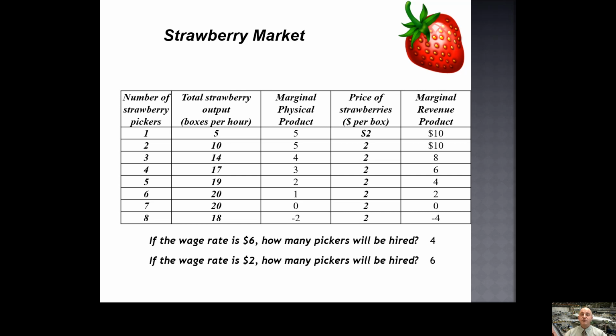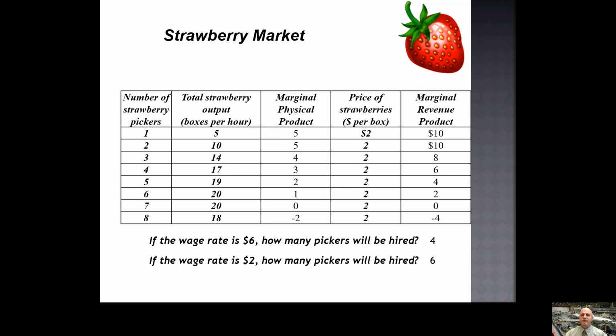So you'll notice that marginal revenue product goes down as the number of workers goes up. That's a demand curve. So if the wage rate was $6, how many workers would be hired? 4 workers would be hired because that's where marginal revenue product equals the wage.